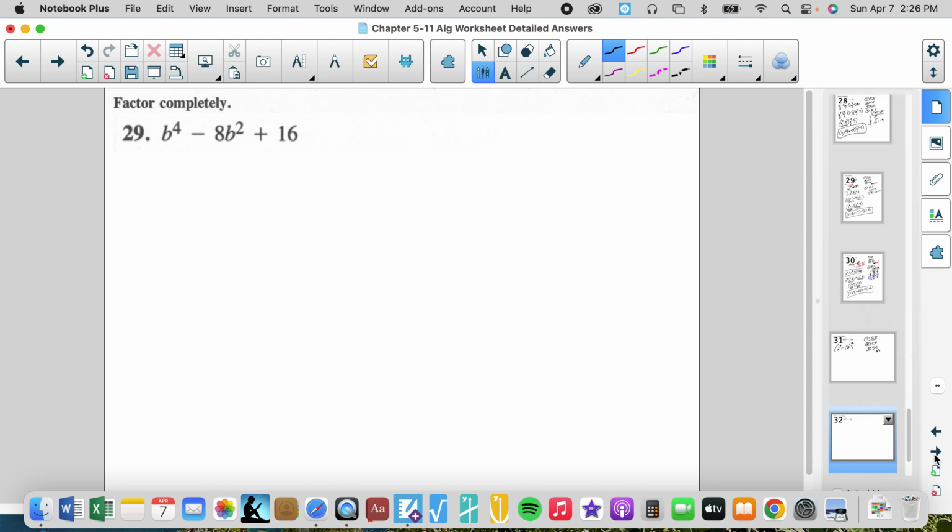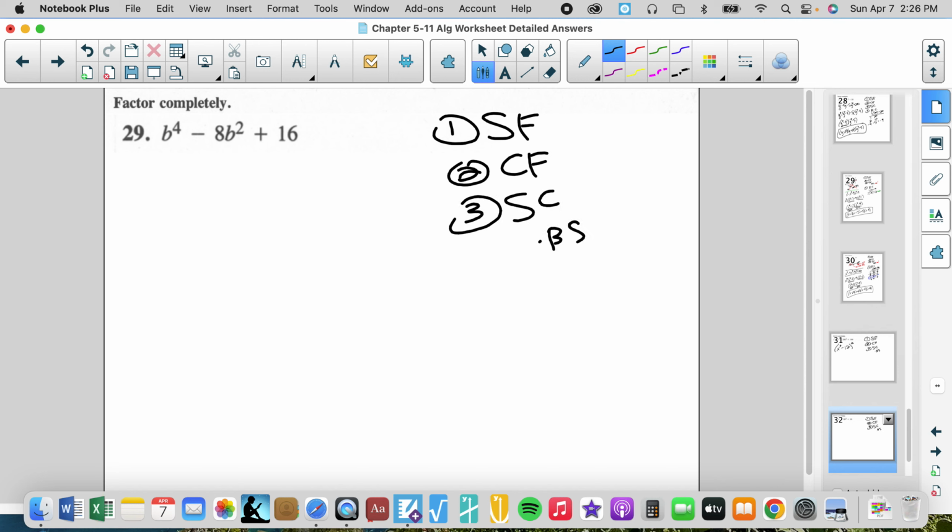Is this a standard form? Yes. Common factor? No. Special case binomial square. You have b squared minus 4 quantity squared. So that is yes. And notice, hello. However, this is difference of squares, you little stinker.